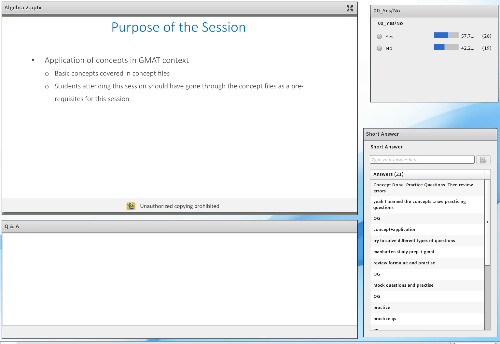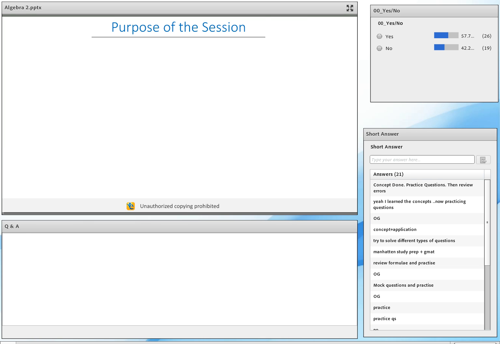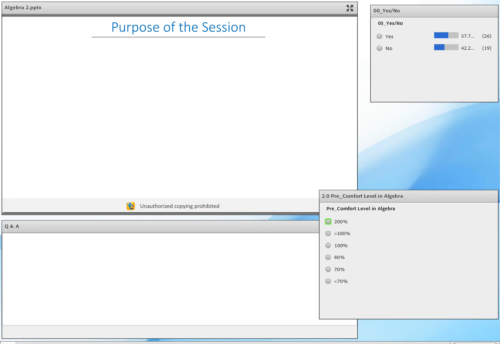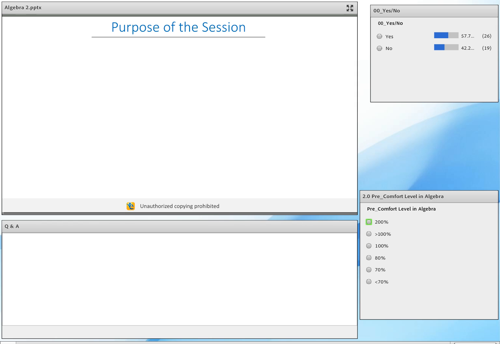Let's carry forward. Let me ask you one more question, specifically about your comfort level in algebra. Select what is your current comfort level in algebra. Because we are going to be specifically talking about algebra, I want to know where you rate yourself in algebra today. And I know you are looking at the number 200% and greater than 100%.